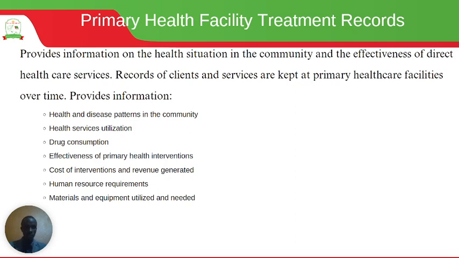Then human resource requirements, to know whether the human resource that is available is what the community that is being served by that primary health facility deserves. Then materials and equipment utilized and needed. We also can get that information from these records.